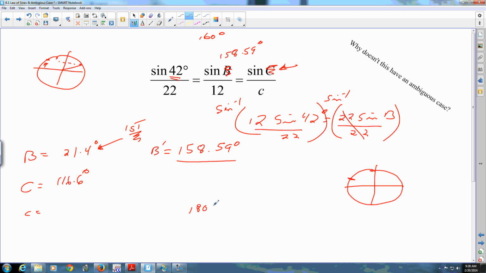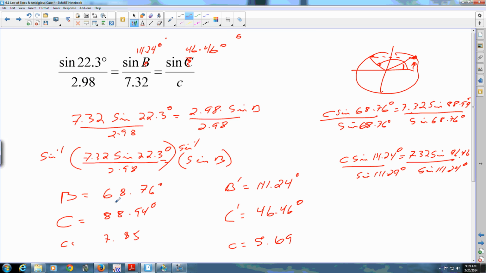158.59 plus the angle you're told, 42. There isn't room to get a third angle because you're automatically going to exceed 180. This was generated by this angle, which is smaller than what you're told. So automatically there's not going to be room for a third angle. Okay, that's the gist of the ambiguous case.